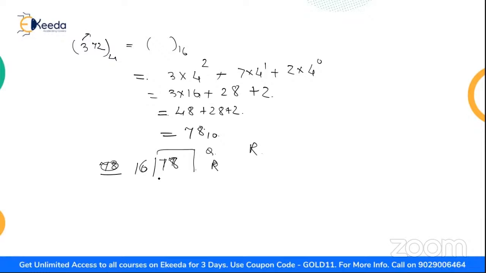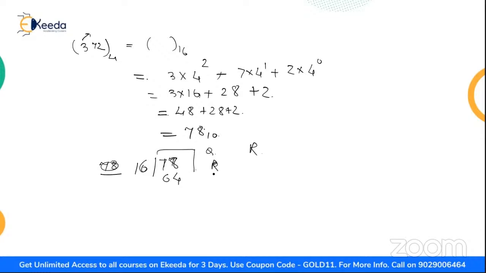Okay. So 16 times 3 is 48, 48 plus 32 will give you 80. So 16 times 4 is 64. So this is 64.